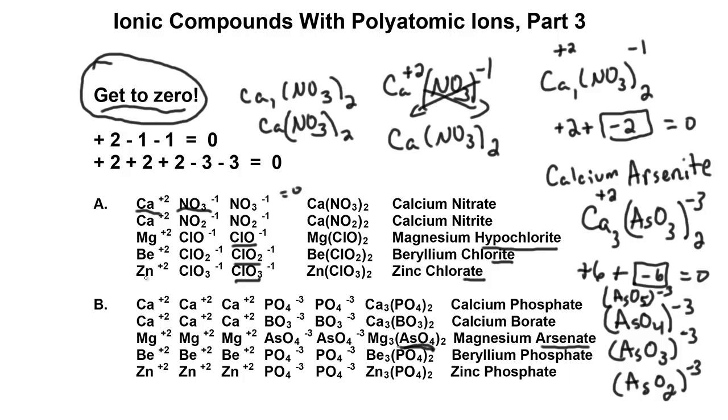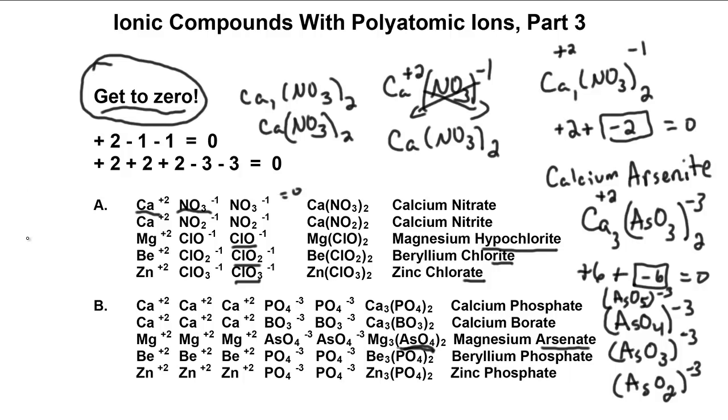What if we had zinc and the name of the compound was called zinc perchlorate? How would you write out zinc perchlorate? Zinc is Zn with a +2 charge, and I said perchlorate. Perchlorate is ClO4, and it has a charge of -1.